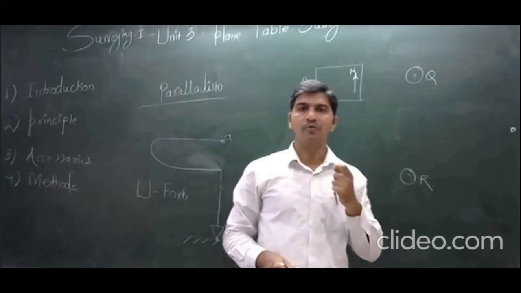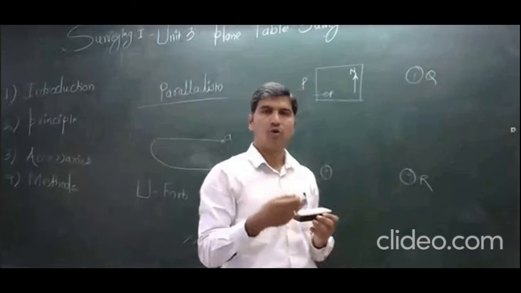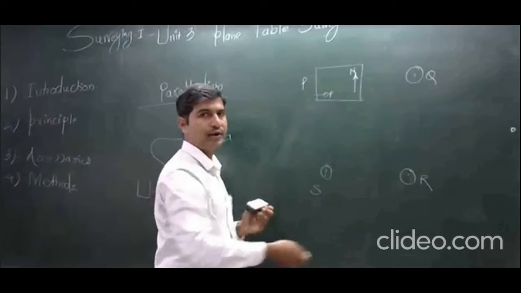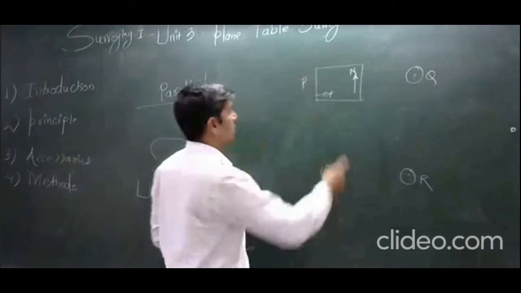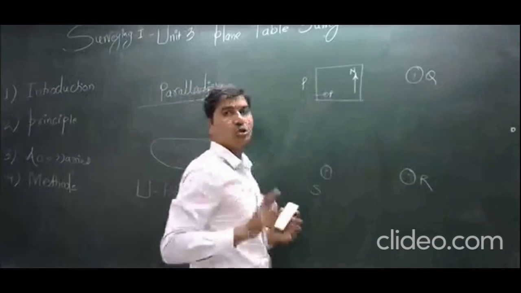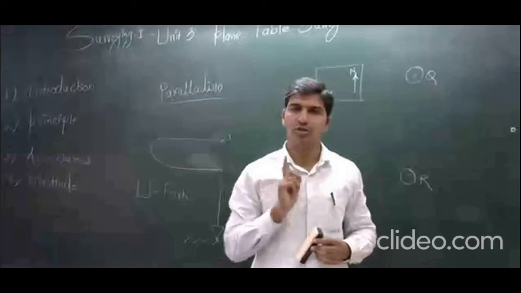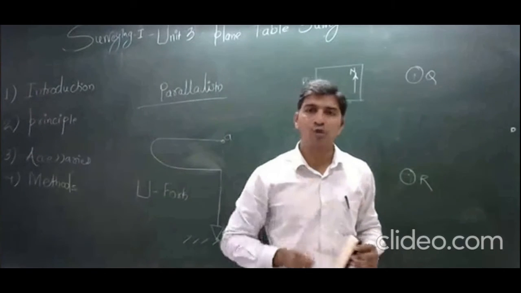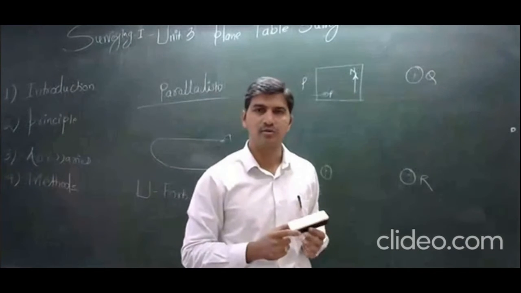So all the time when you think about shifting your plane table from one point to another point, make sure that you have drawn the north direction. Now, how to draw the north direction, students?